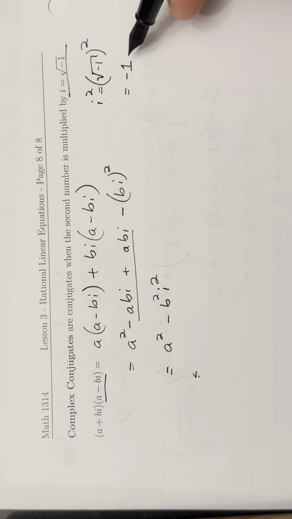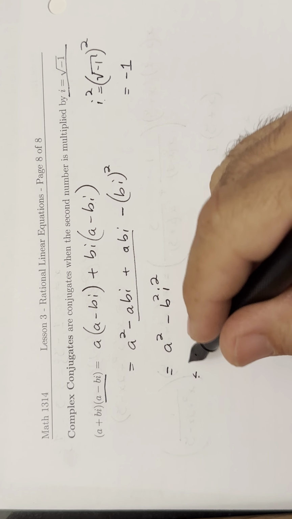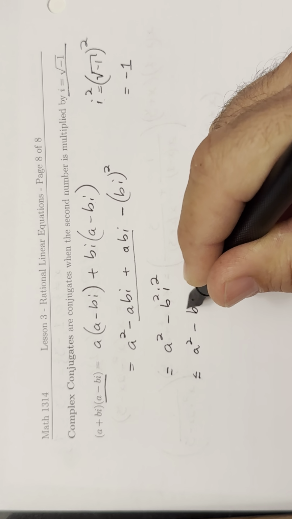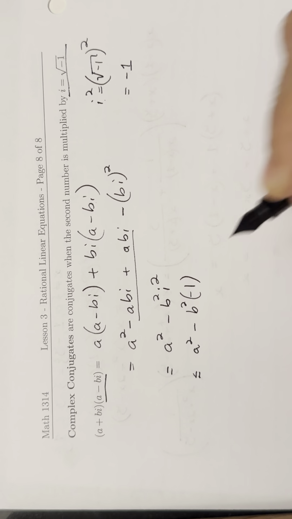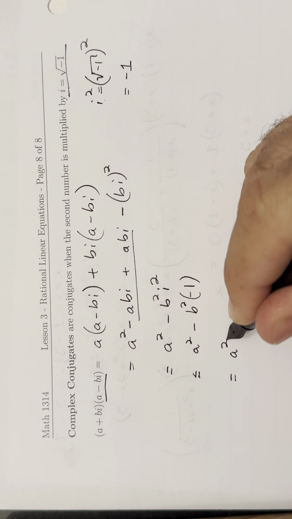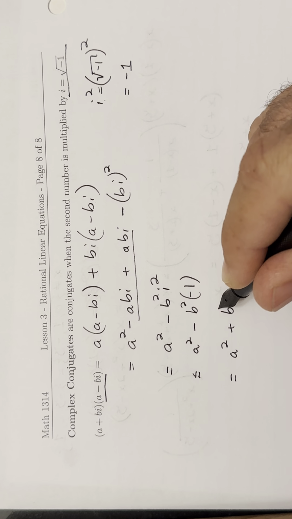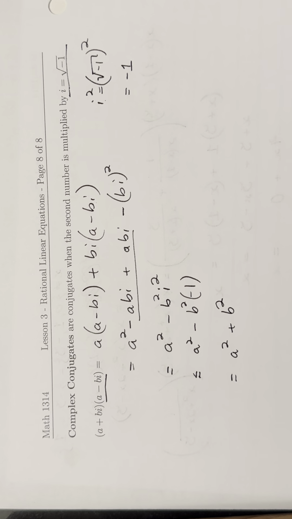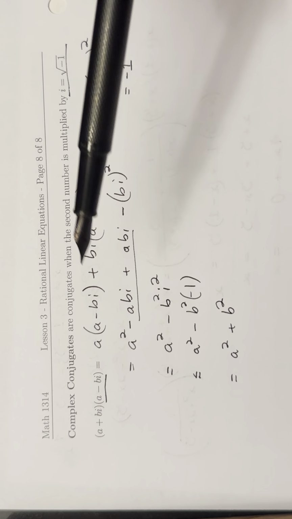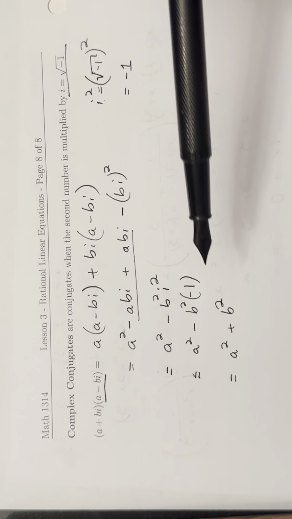So i squared equals negative 1. So let's come over here, replace that. a squared minus b squared times negative 1, which makes this a squared plus b squared.